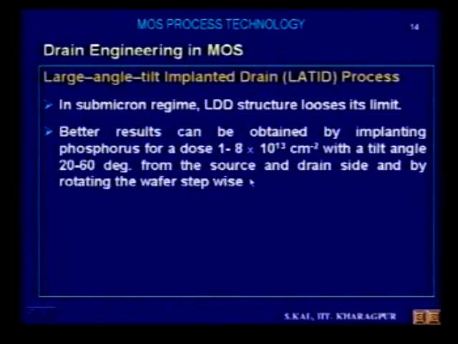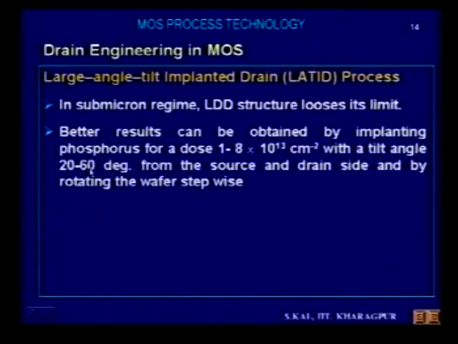In a short channel, in the submicron regime, as the channel length is reduced, the source and drain junctions are shallow, and the source and drain regions are also narrower. That can be achieved by the LATID process. Better results can be obtained by implanting phosphorus with a dose of 1 to 8 times 10 to the power 13 per centimeter square with a tilt angle of 20 to 60 degrees.